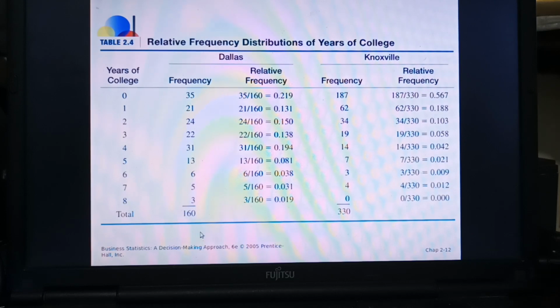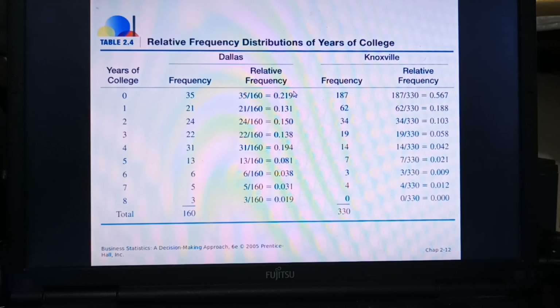Now the same data as the first we see, but now we have the relative frequency, or the proportion of each category. 35 divided by 160, that's 0.219.